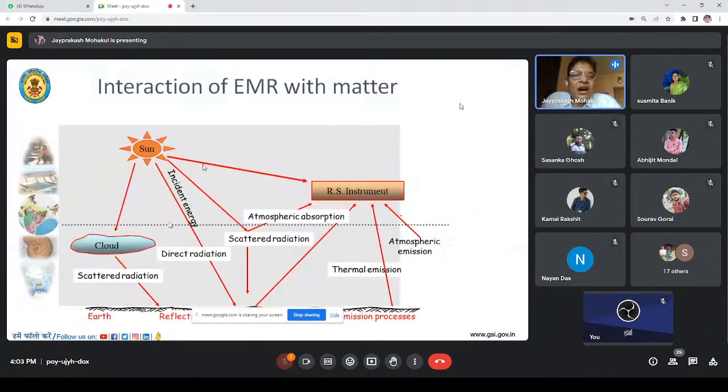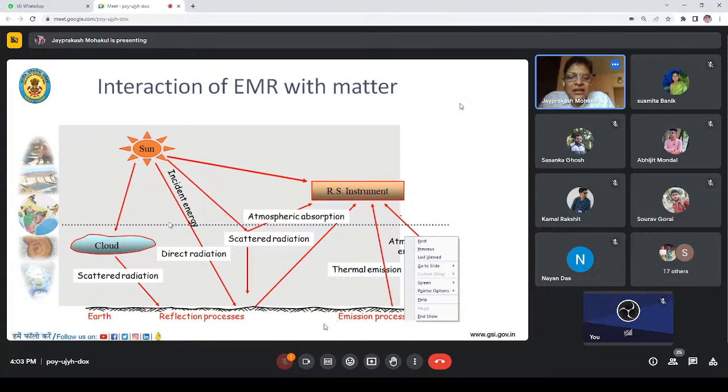Now, how does it interact? When light energy comes from the sun, it is incident here and it goes in all directions. We're discussing how much energy comes from here. Let's say you have a remote sensing instrument here. How much energy does it receive?